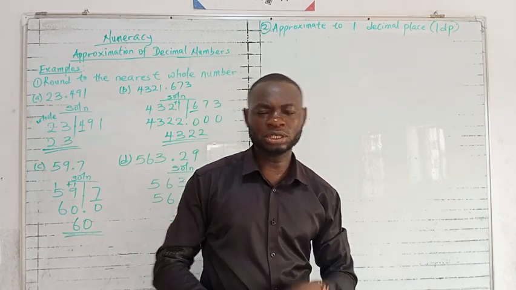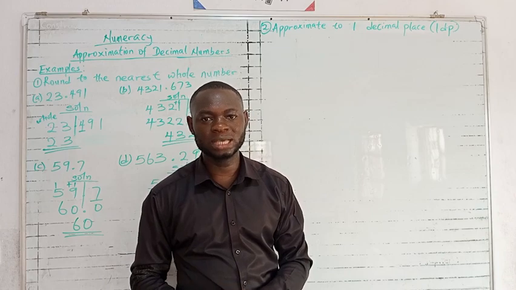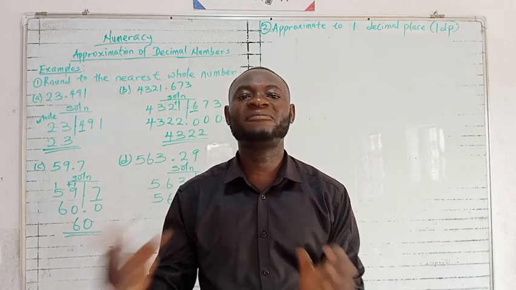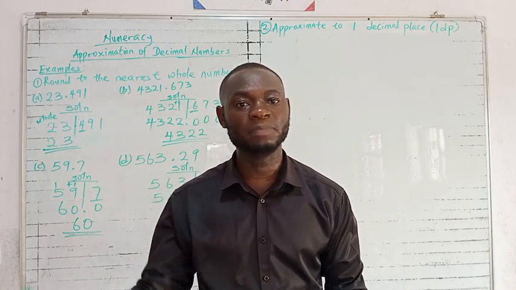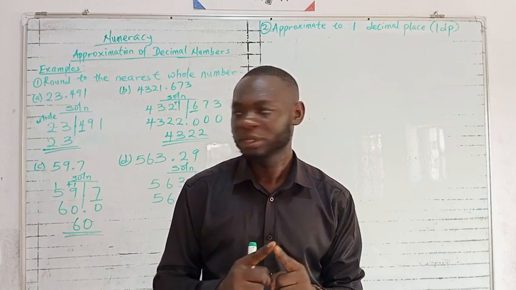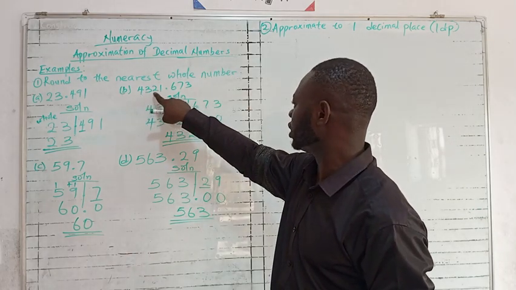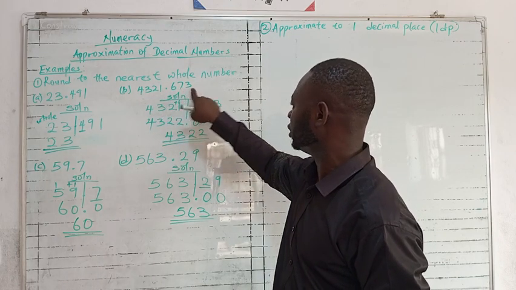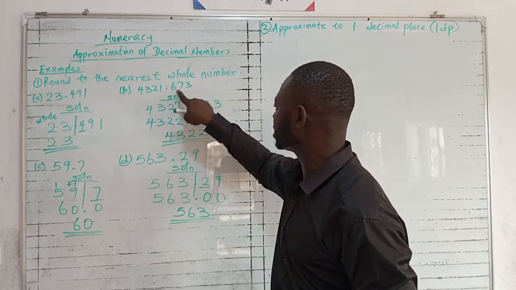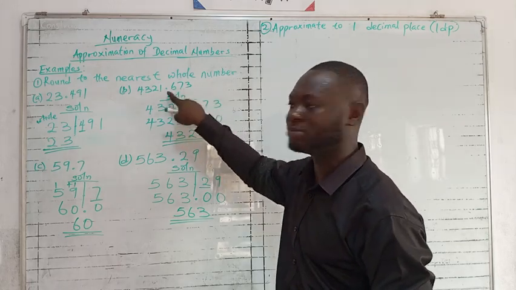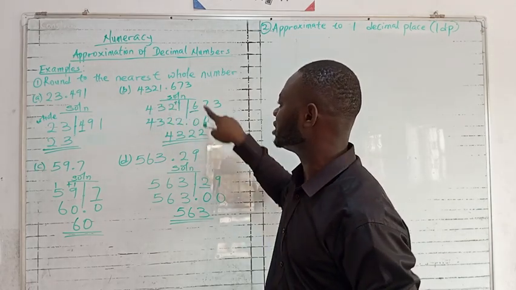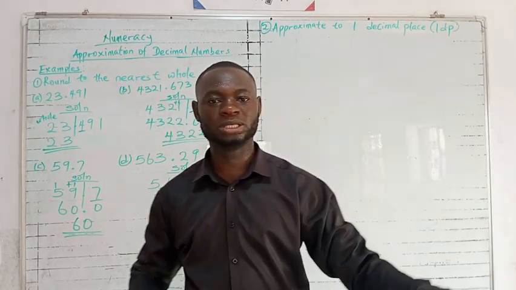And as I was introducing decimal numbers, I said the number of decimal values will determine the number of decimal places a decimal number has. For example, in this number, we have 4,321.673. How many decimal values are here? 6, 7, and 3. Therefore, there are 3 decimal values, meaning that this particular decimal number has 3 decimal places.